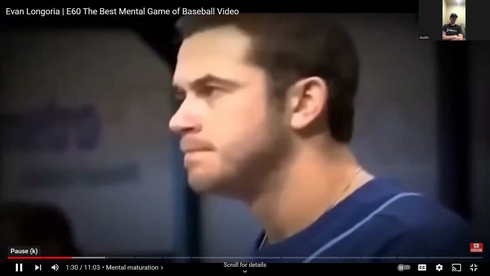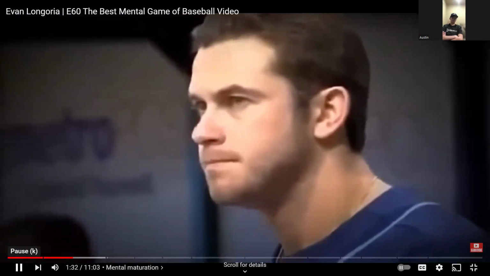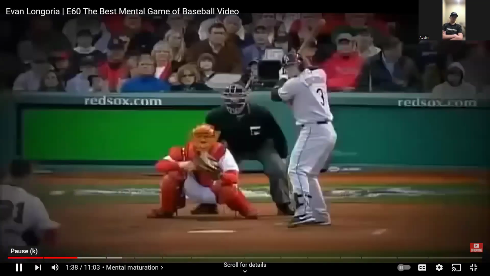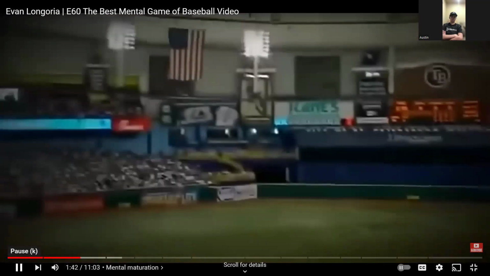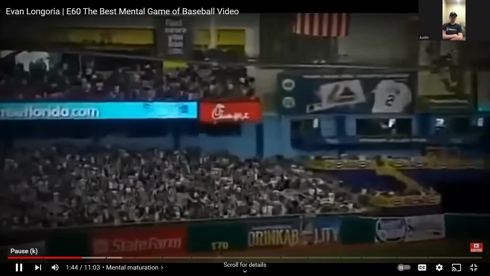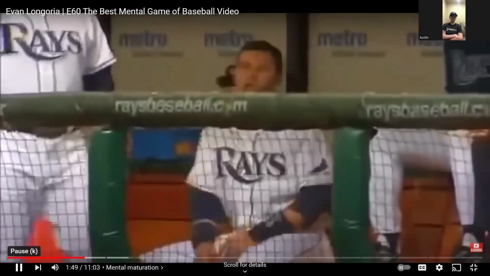What goes on in the mind of Tampa Bay Rays third baseman Evan Longoria has helped him emerge as one of the game's highest profile young stars. The focus, sense of calm, the faith in process, they're all essential components of his makeup. Everybody says the same thing to me.